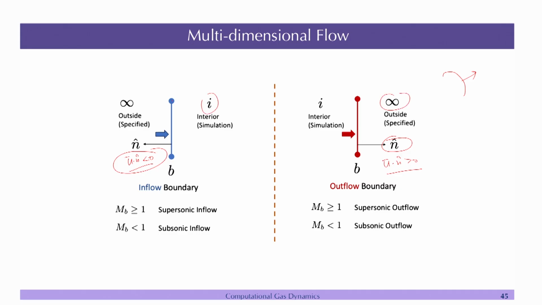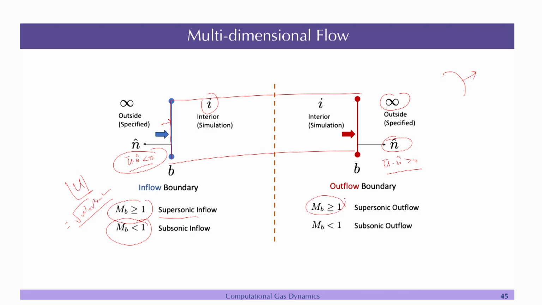You can think of this as my domain. Then you calculate the value of u magnitude at the boundary, which is the square root of u squared plus v squared plus w squared. If it is greater than 1 then it is supersonic, less than 1 then it is subsonic, and you can do the same thing for outflow also.